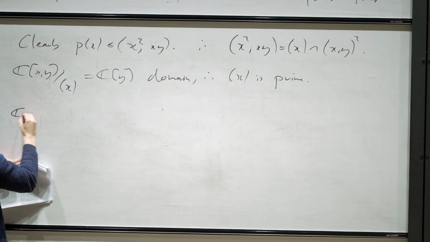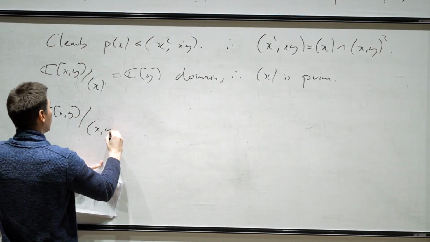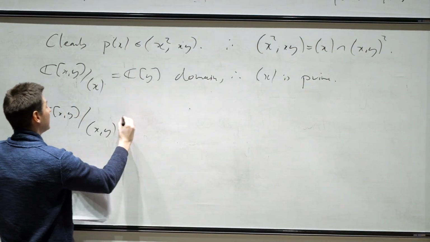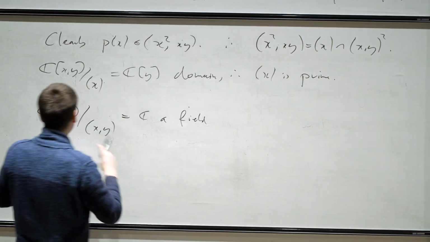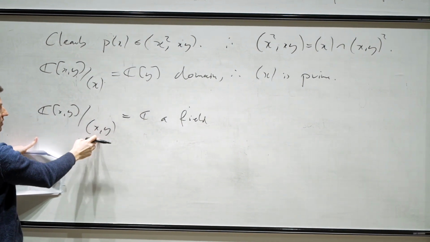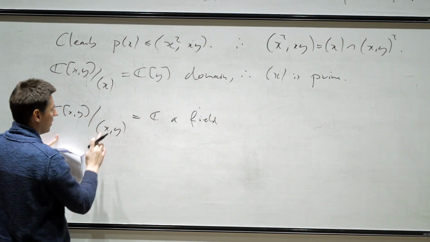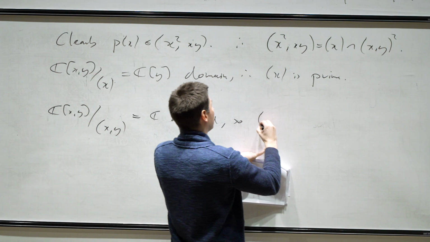If we take C[x,y] and divide it by the ideal generated by x and y, so not quite this thing, then we are getting C, a field. If we divide the ring by an ideal and we get a field, then we know the ideal is maximal. So this is maximal.